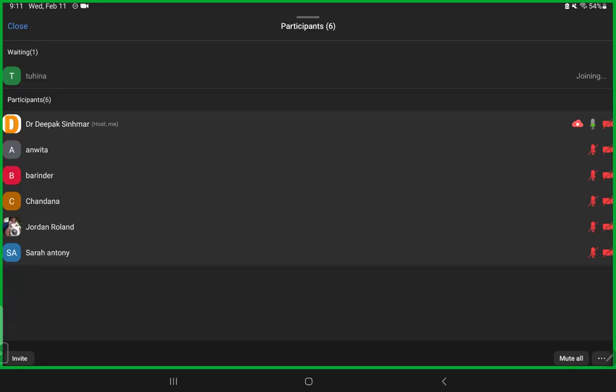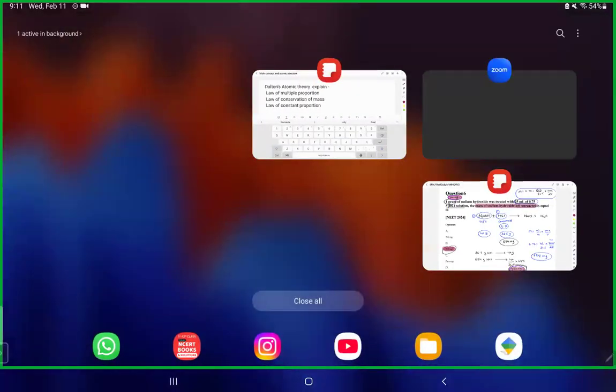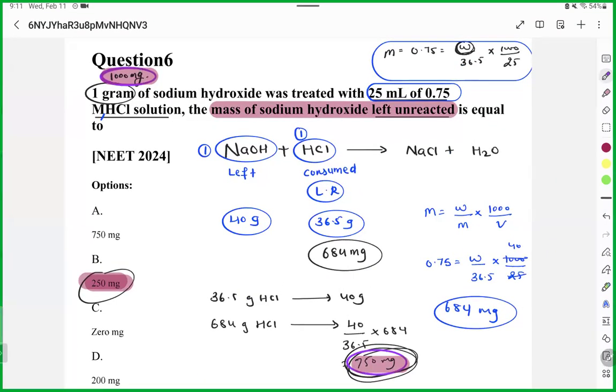I still remember last time when I taught this, all of you took time to understand it. You need practice to do it quickly. First, calculate the HCl amount.